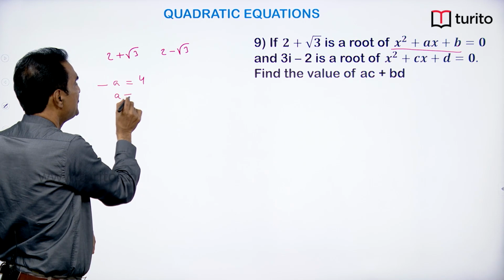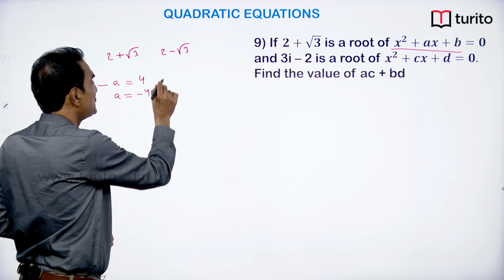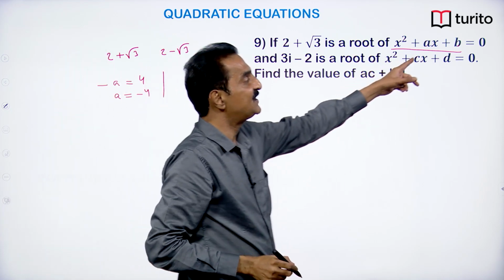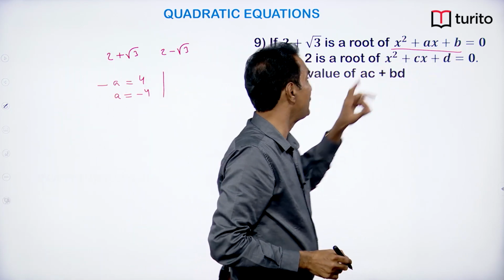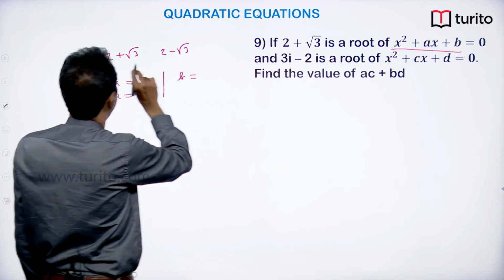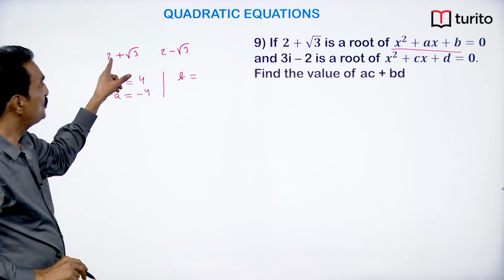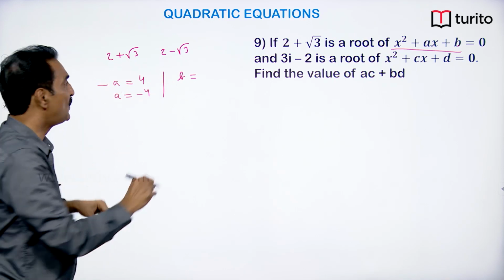So, we get a is equal to minus 4. And what is the product of the roots of the first equation? It is b by 1, b. b is equal to, multiply these two. Product of these two is 2 square minus 3, that is 1.